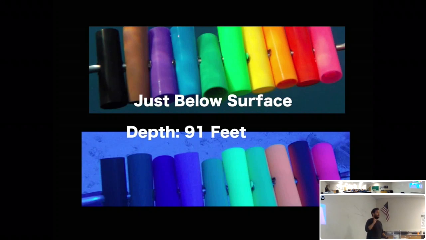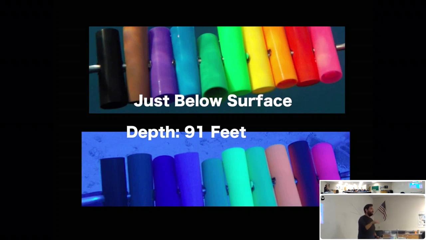Even though blue wavelengths are heavily scattered by the water, they're more penetrative, so they can penetrate pretty far. So you'll notice that blue and violet don't really change that much. However, red just gets absorbed right away.